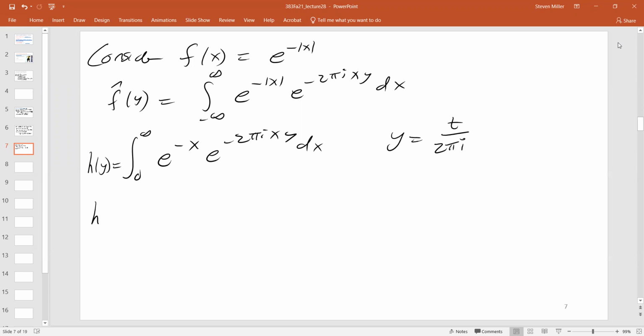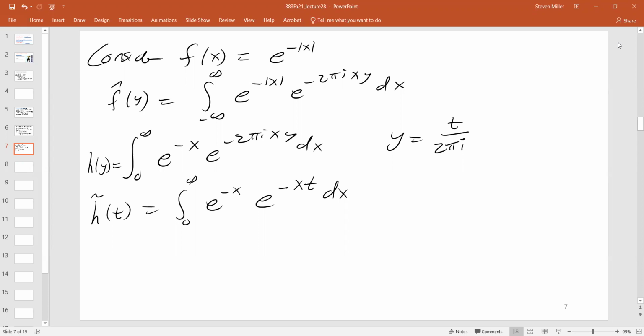And so we'll have, say, h tilde of t is going to be the integral from 0 to infinity, e to the negative x, e to the negative xt dx, right? For the integral we're looking at initially, this integral makes sense for all real values of y.